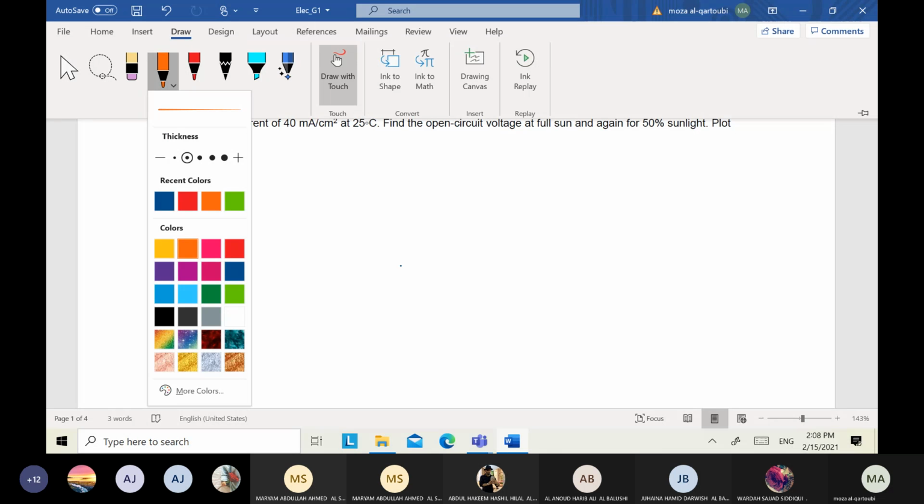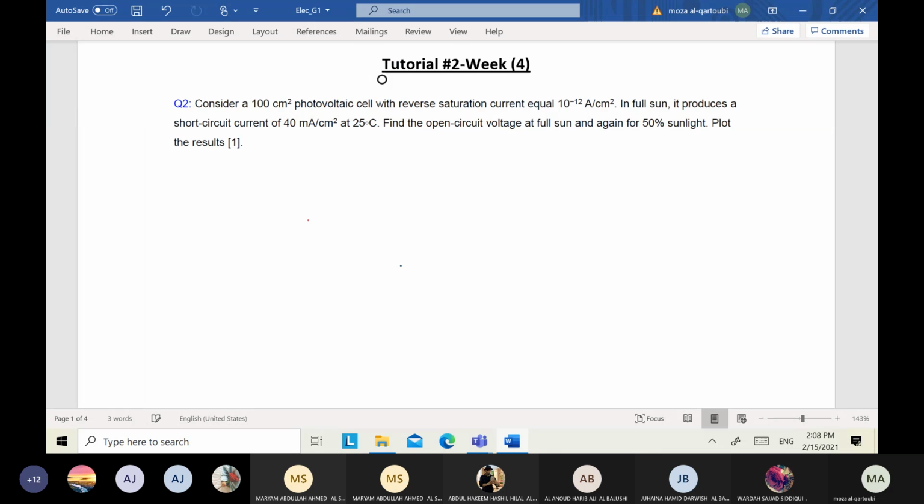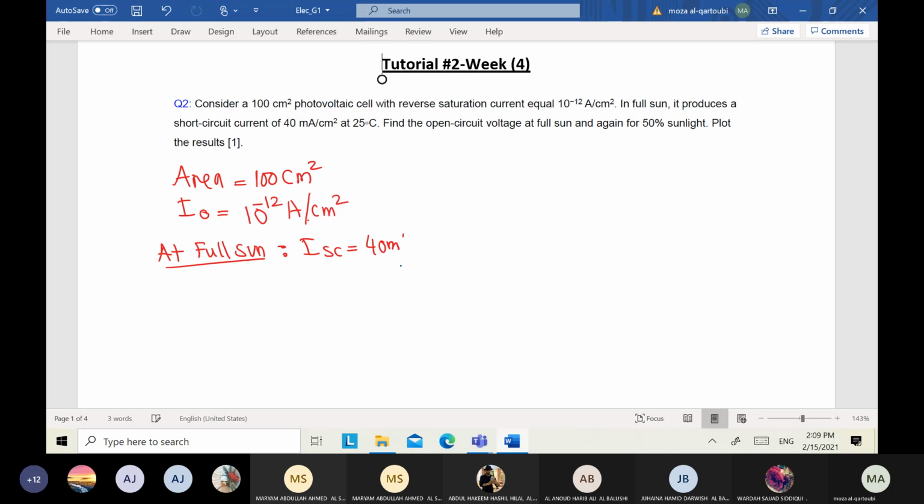Given area equal 100 centimeter square, given saturation current equal 10 power minus 12 ampere per centimeter squared, then at full sun, given I short circuit equal 40 milliampere per unit area.